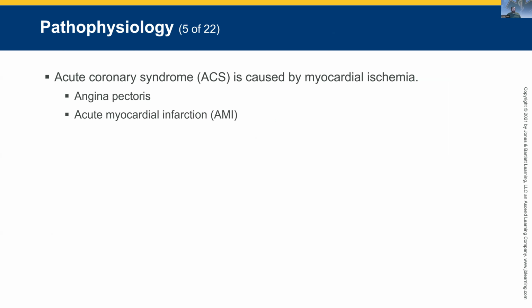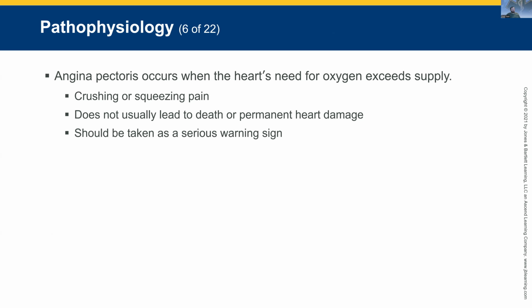Acute coronary syndrome is caused by myocardial ischemia, angina pectoris, and acute myocardial infarction. Angina pectoris occurs when the heart's need for oxygen exceeds supply.